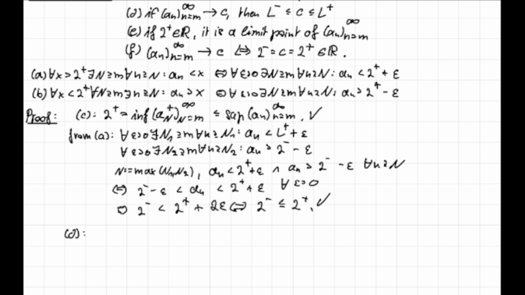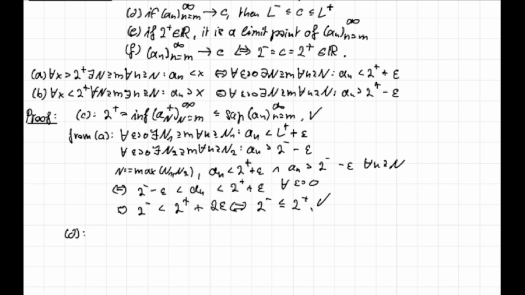And one thing again to see, take also in mind that L minus and L plus are extended real numbers. So this also holds if L minus or L plus are infinity or minus infinity, because A and B are proven for extended real numbers. That's just one thing to add here. We don't need to consider any special cases.